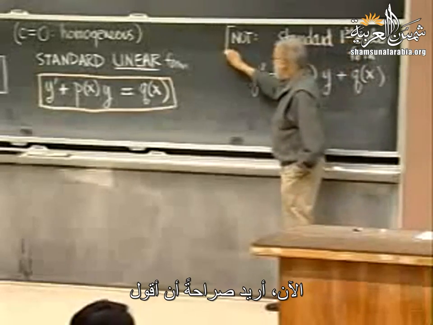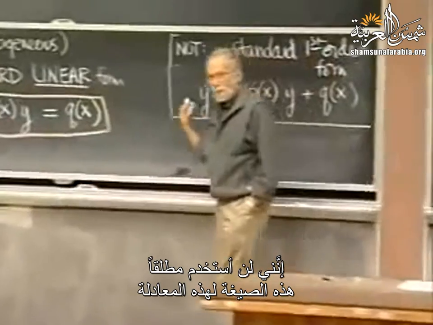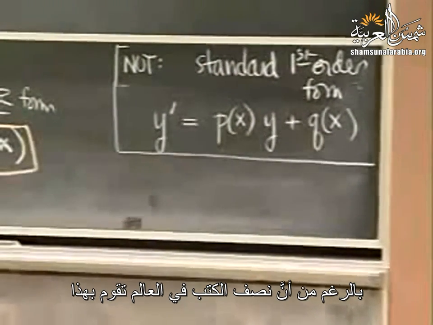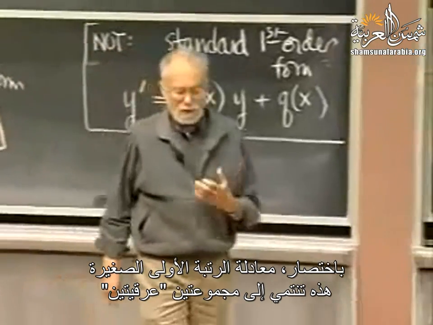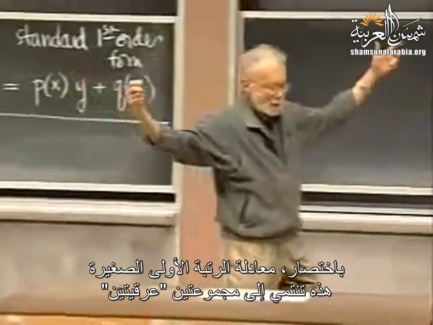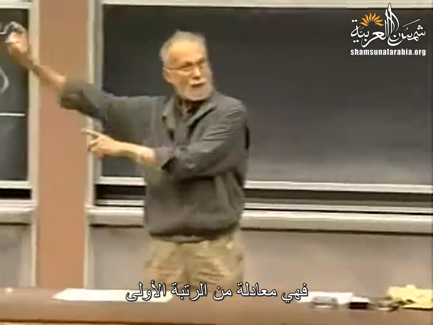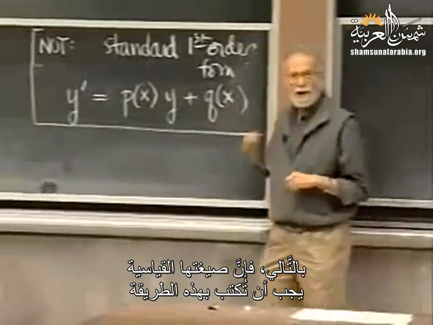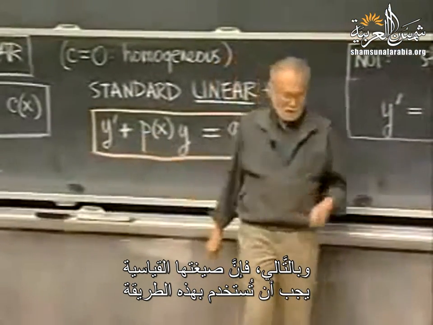Now I explicitly want to say that this is a form which I will never use for this equation, although half the books in the world do. In short, this poor little first-order equation belongs to two ethnic groups. It's both a first-order equation, and therefore its standard form should be written this way, but it's also a linear equation, and therefore its standard form should be written this way.